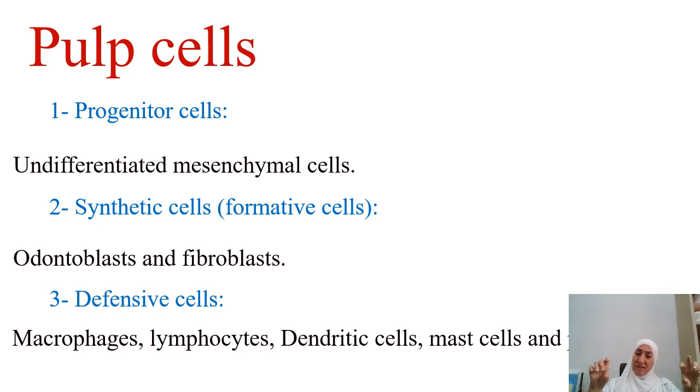Of course, these cells are blood cells that migrate from the blood vessels through the endothelial cells that line the blood vessels, and also through fenestrations or pores in the blood vessels. These defensive cells can migrate from the bloodstream into the connective tissue.